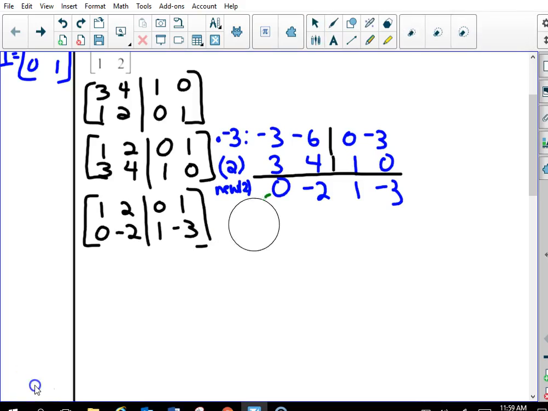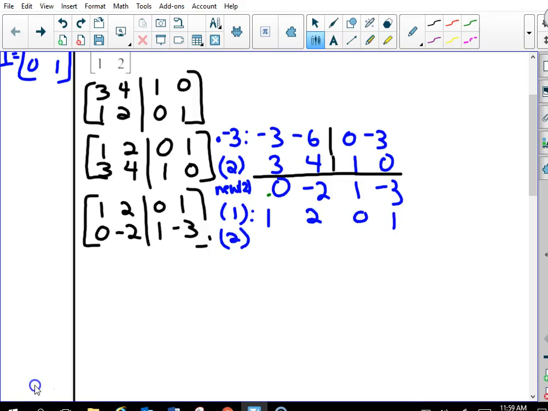All right, now I'm going to look at the second column. In the second column, first row, I need a 0. Now, this is kind of nice because if I combine the row 1 with row 2, I will get a 0, and that'll be my new row 1. Combine it with row 2.